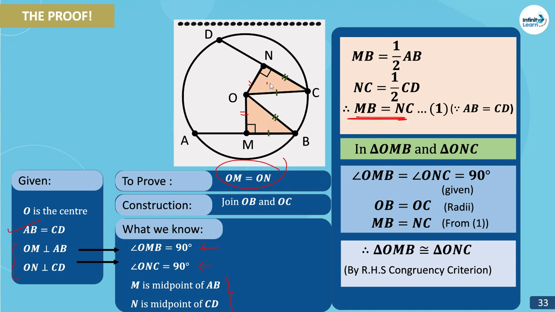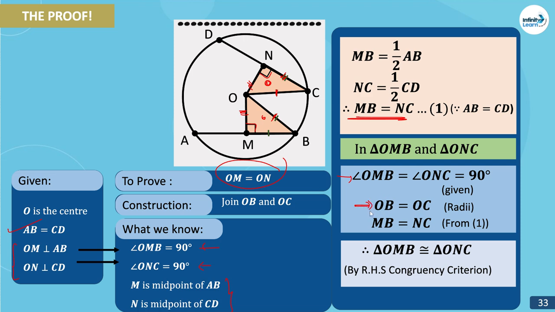Now talking about these two triangles, triangle number 1 and triangle number 2. OM equals ON, radius. This angle and this angle are 90 degrees. And this side, we have to prove this, so we cannot take OM equals ON. Look, OC equals OB, radius.